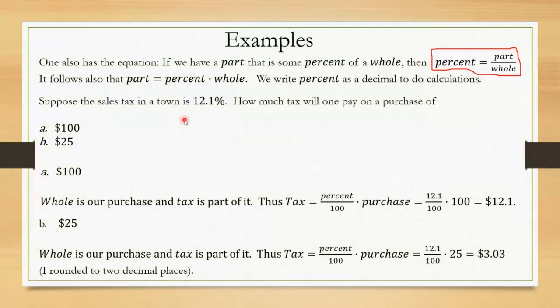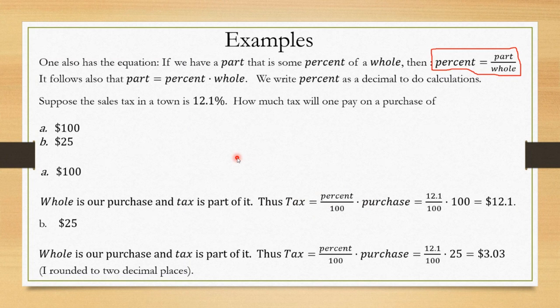So if you spent $100, the whole is our purchase, the entire amount. Tax is a part of the purchase. So our tax would be percent over 100 times our purchase.